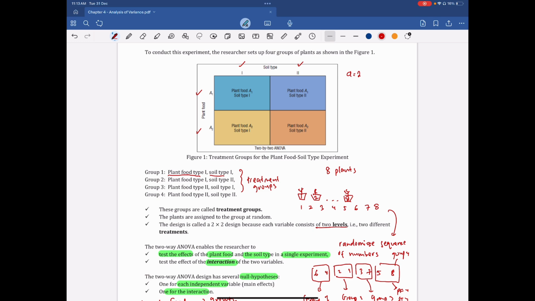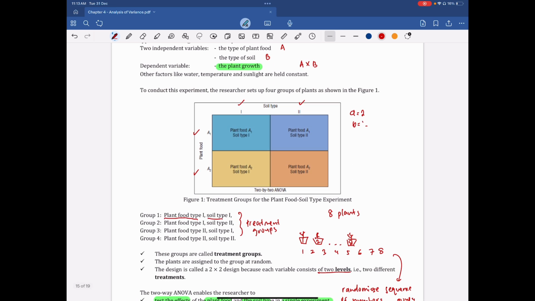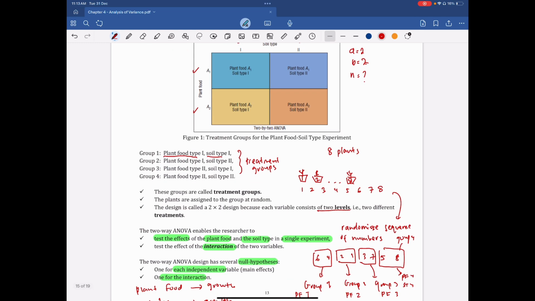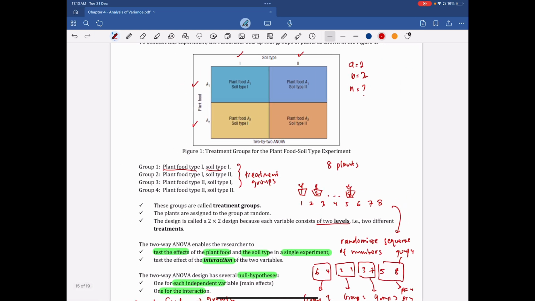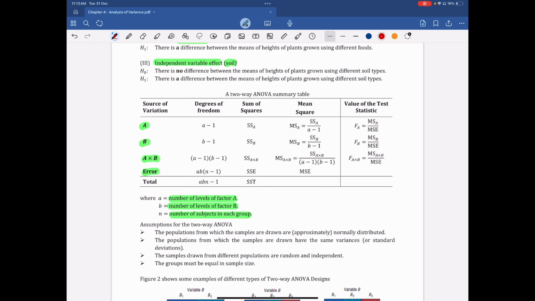You have 1, 2, so B equals 2. So how about your N? When you take a look at the description, N is the number of subjects in each group.